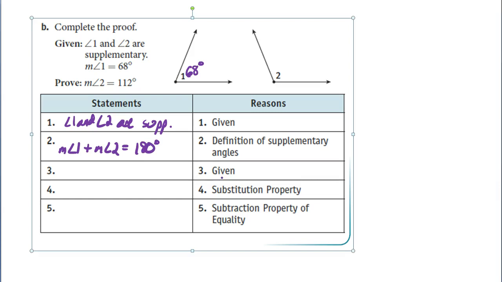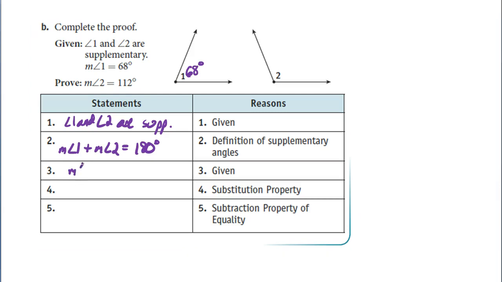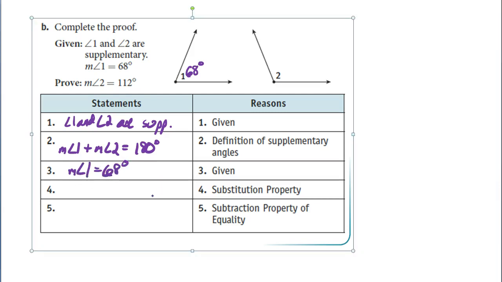Next, we have some more given information. Well, okay, how about this part here about the measure of angle 1 is equal to 68 degrees. Okay, next statement. Apparently, the substitution property is going to be used. So looking at the two previous ones, what could be substituted for what? How about putting 68 in place of the measure of angle 1?